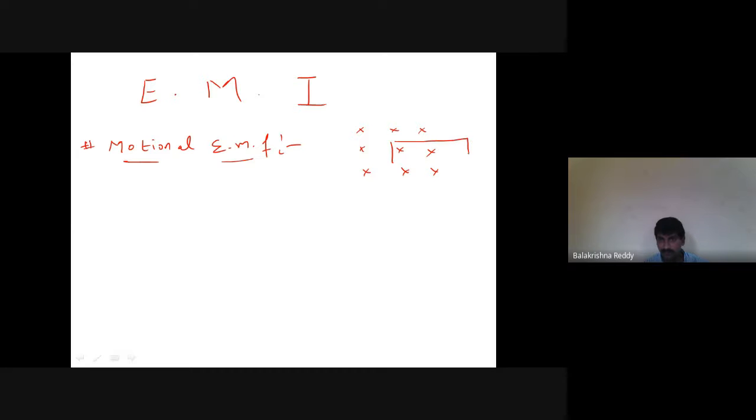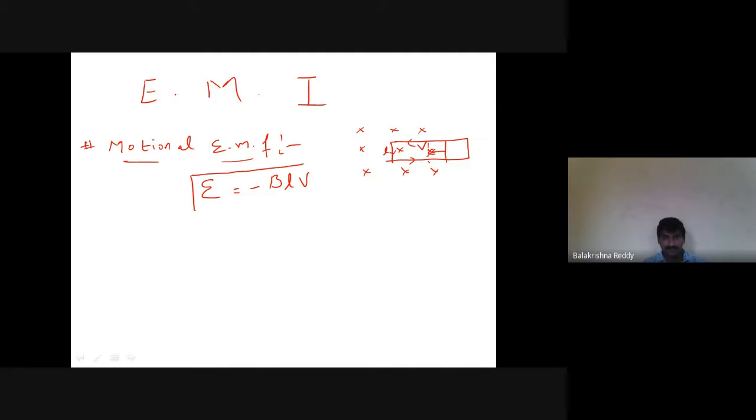Therefore, we found an expression whenever it is entering with the velocity v, it is having the length and it is moving back and forth, to and fro like this. Therefore, the current producing in this, that is nothing but EMF is inducing in the loop. That expression we have written, that is EMF equal to minus BLV, right?